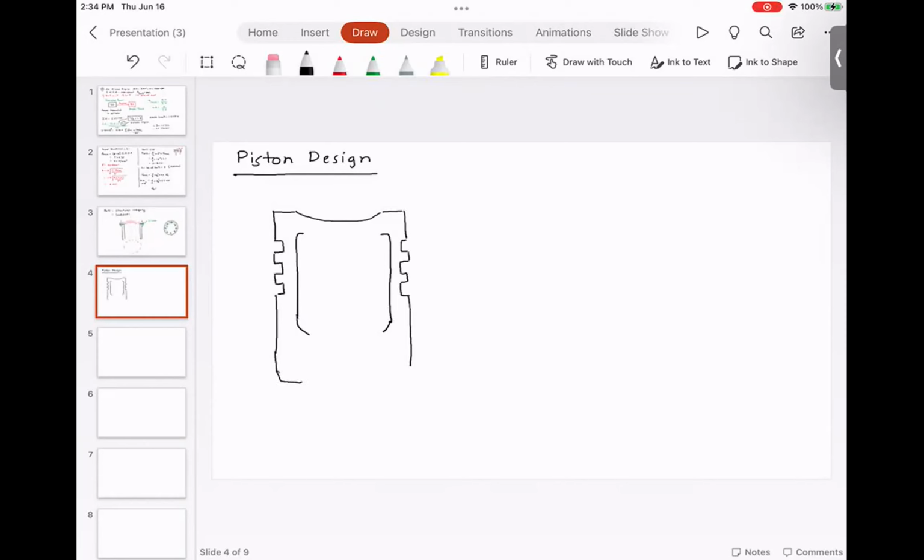So let's talk about the piston nomenclature. This is called the piston crown.